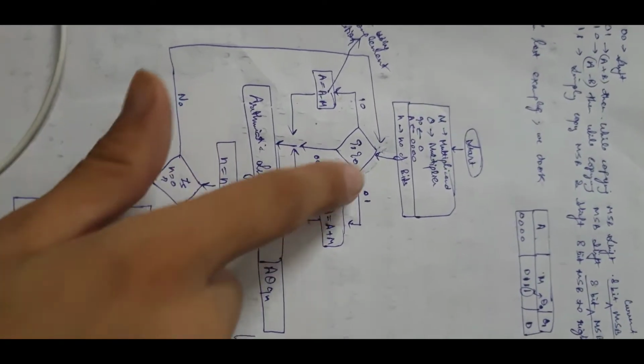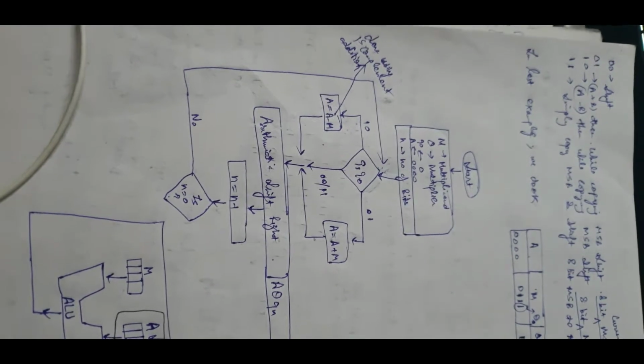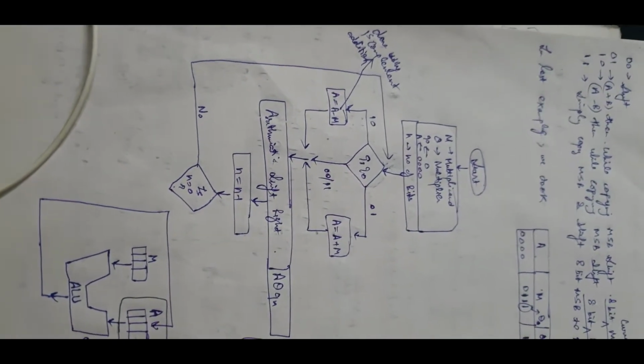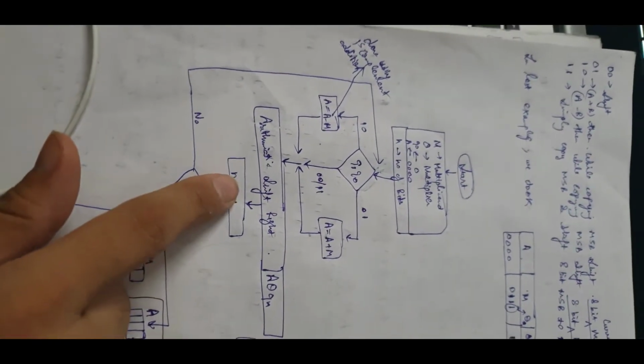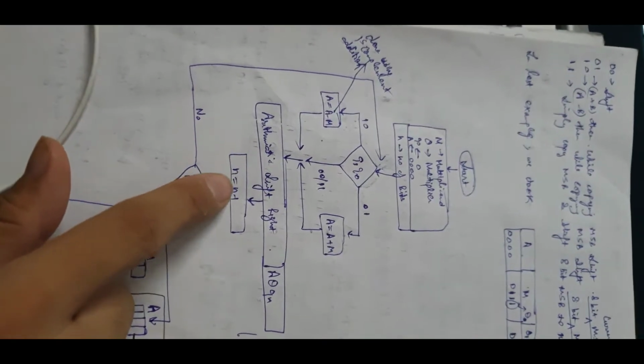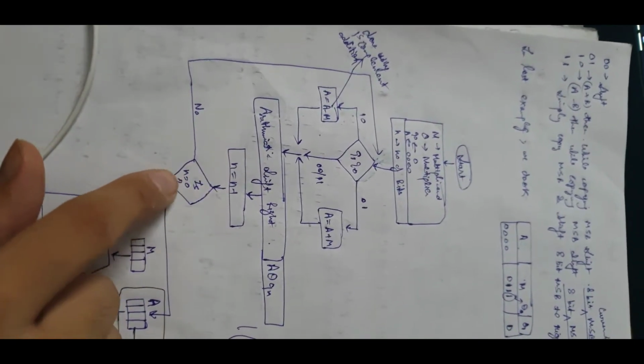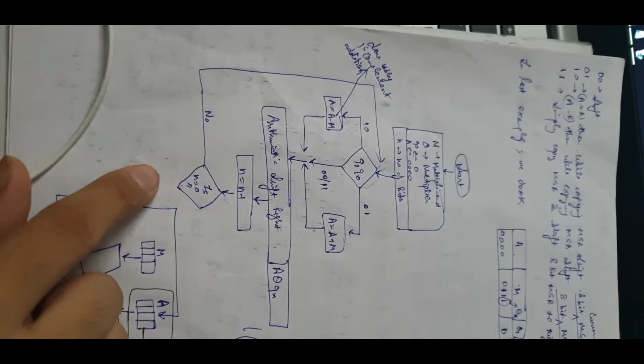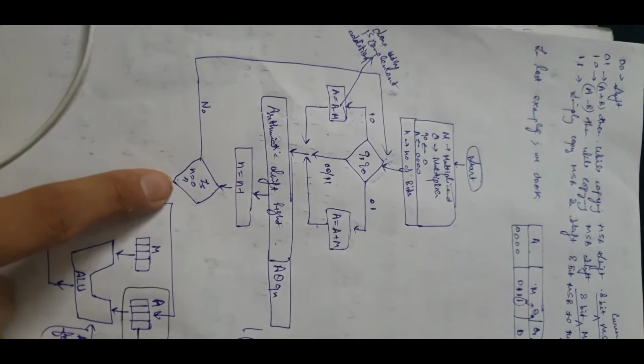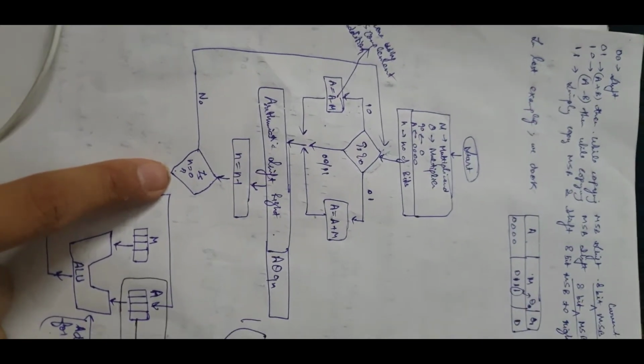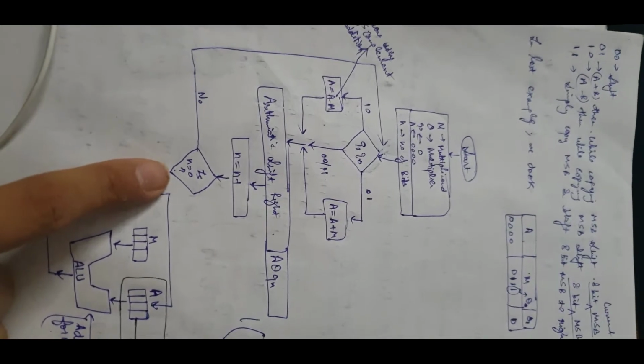So if we are multiplying two 4-bit numbers, then there will be 4 stages, and after every stage this n will be decremented, and after n is decremented to 0, then the final output will be stored in this 8-bit register.